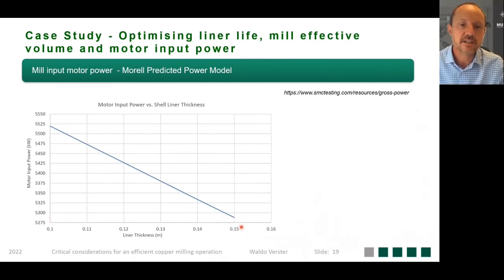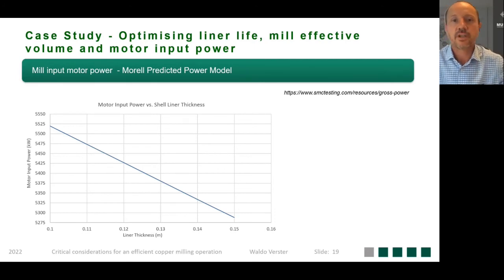Reducing that liner thickness from 150 to 100 millimeters will increase your motor input power to above 5.5 megawatt. So a severe impact on the motor input power by just reducing the liner thickness. We must take into account that this will also then impact your liner life.